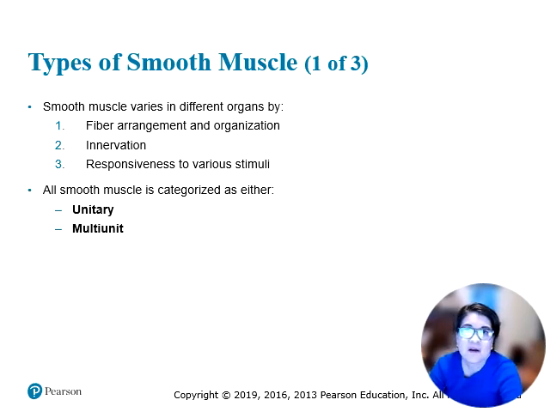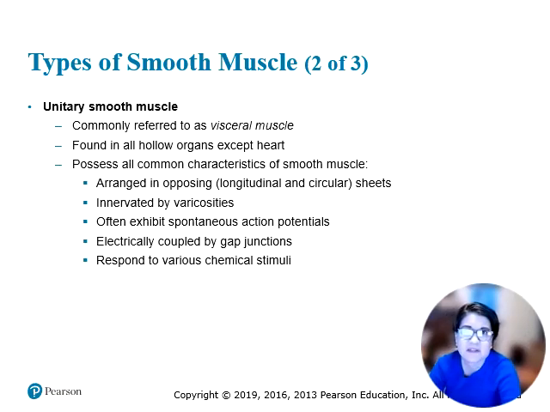Okay, so the smooth muscle varies in different organs by fiber and arrangement, organization, innervation, and responsiveness to various stimuli. It can be unitary or multi-unit, so it's very adaptable to your different body organs. So unitary is known as visceral muscle, found in lots of organs in your body.